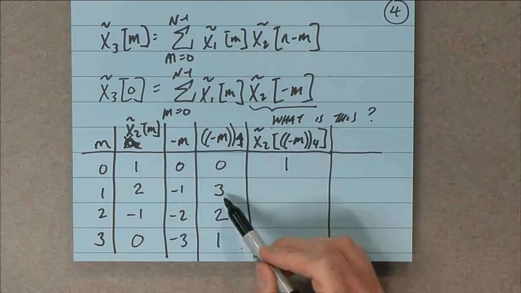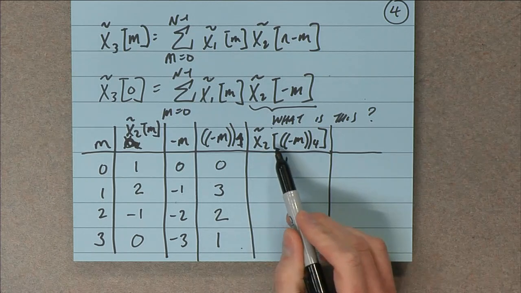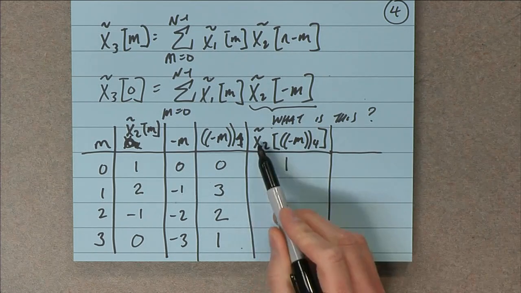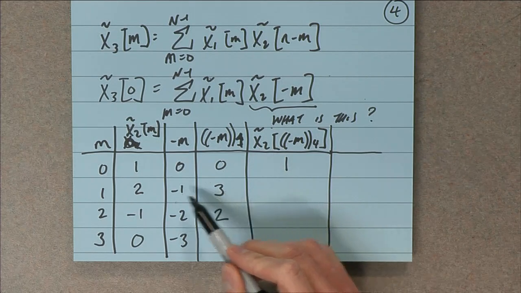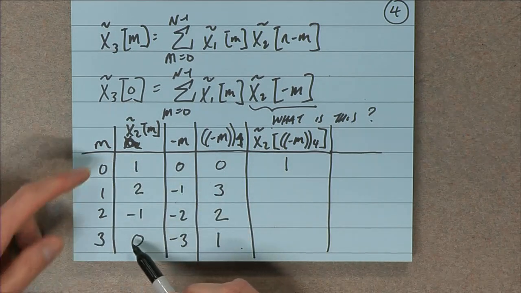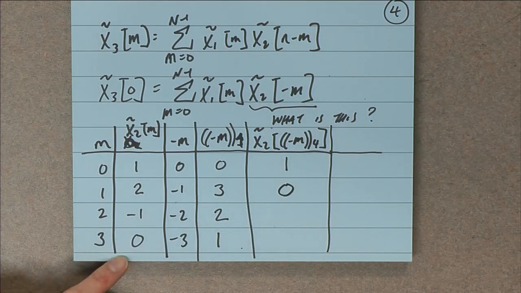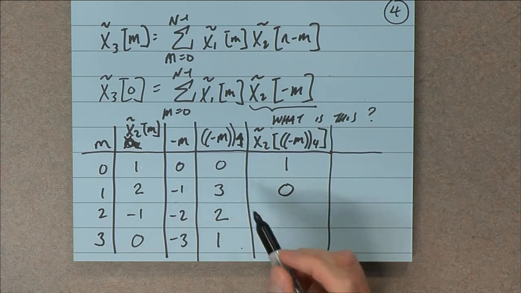We go to the next one, 3. So x2 of this minus m mod 4 is 3 in this case. So x2 of 3 is what? We'll have to go over here and find 3. x2 of 3 is 0. And that's why it's a little bit intricate, because things are kind of out of order depending on how they wrapped. So it's good the first few times you do this to go a little slow and try to follow along.